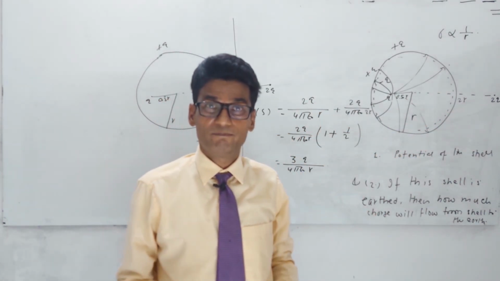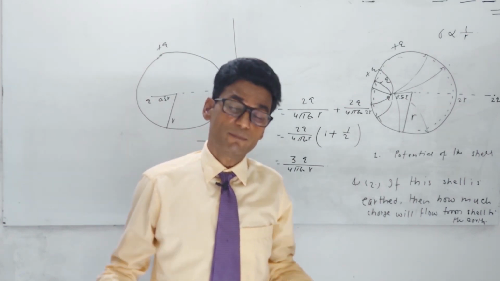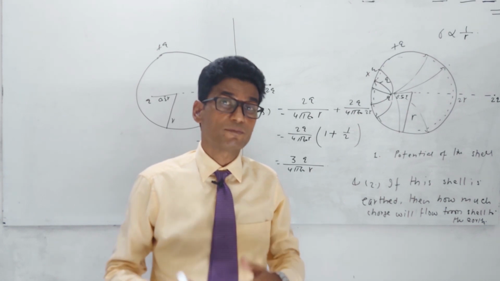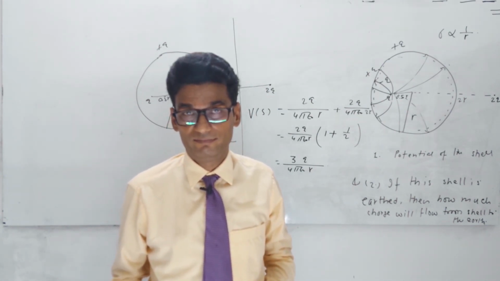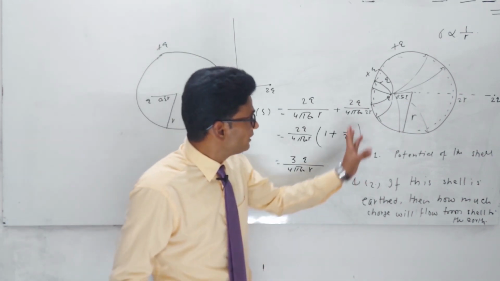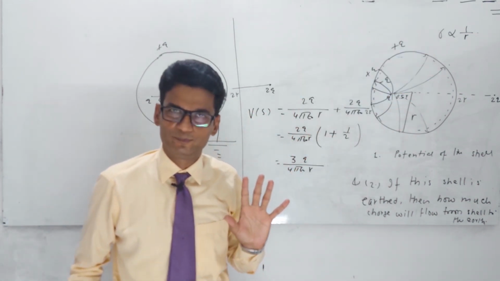So if we sum up, it comes out to be 0, because the sum of the induced charges always comes out to be 0. We ignored induced charge on the inner surface because it is bound charge which cannot flow after earthing. Please keep in mind.